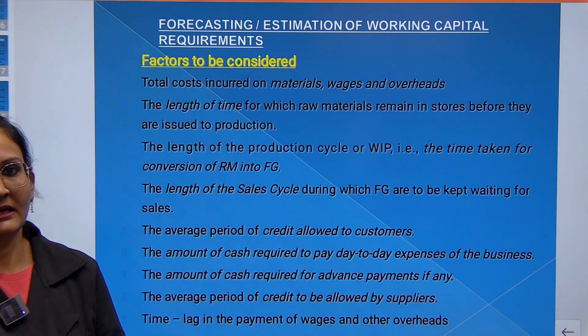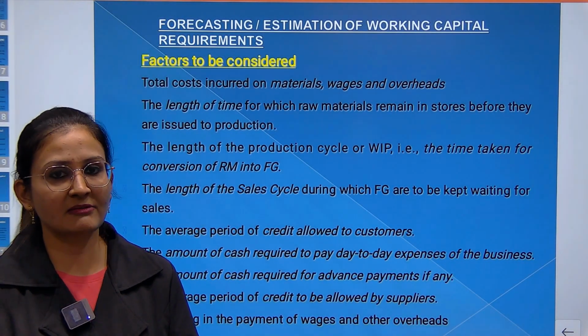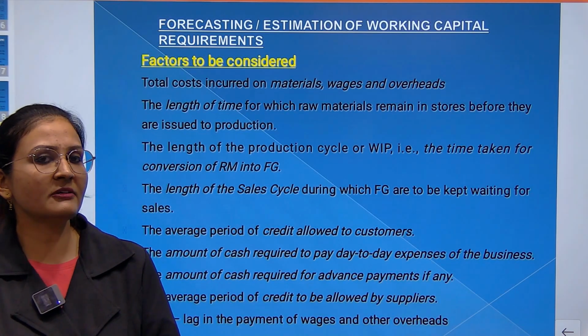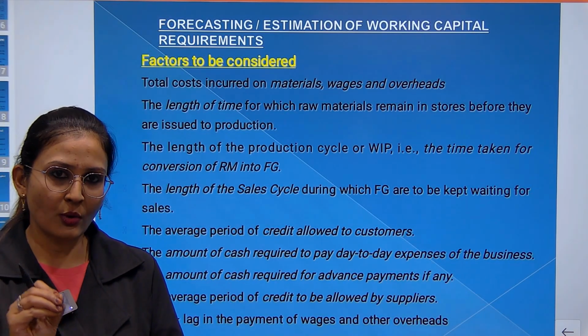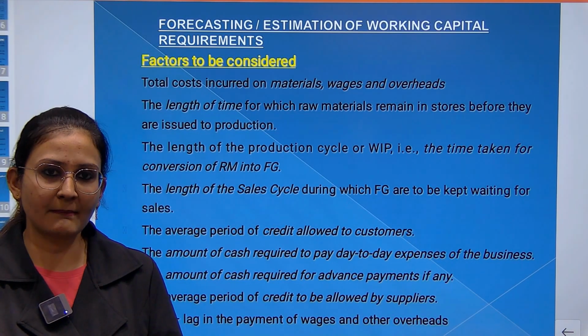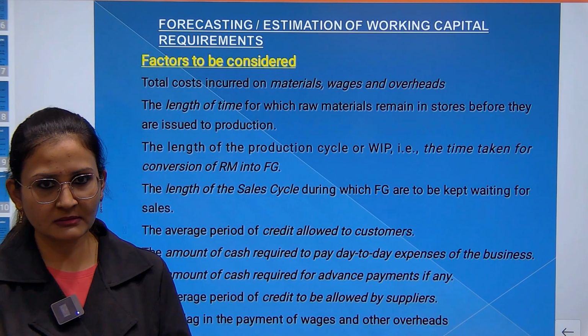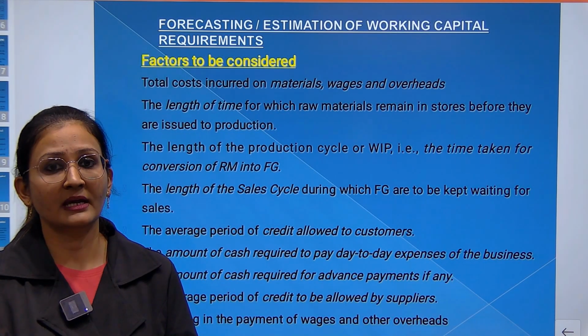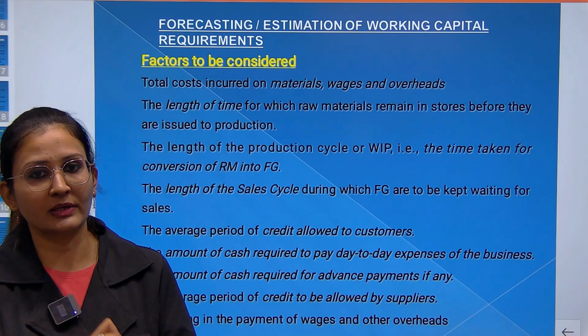Now next, let's see forecasting or estimation of working capital requirement. It means what are the various factors which need to be considered while estimating working capital requirement. So we will see each point one by one. The first one is the total cost incurred on material, wages and overheads.